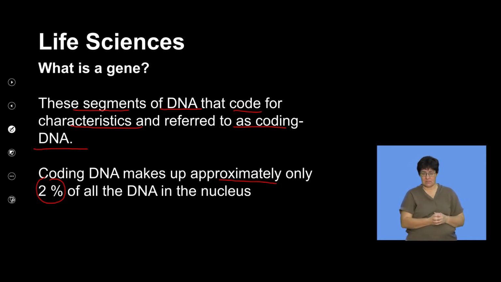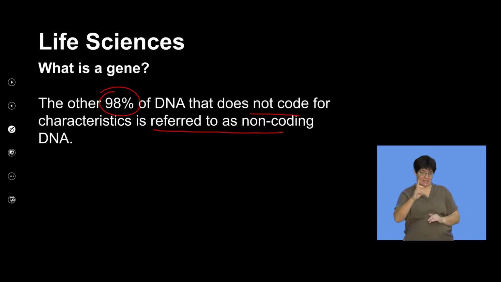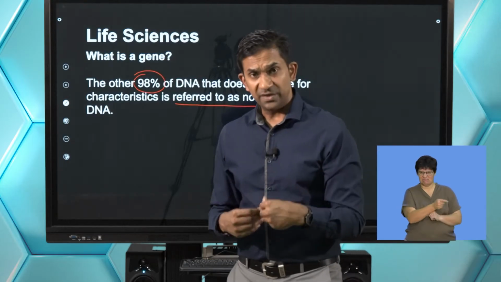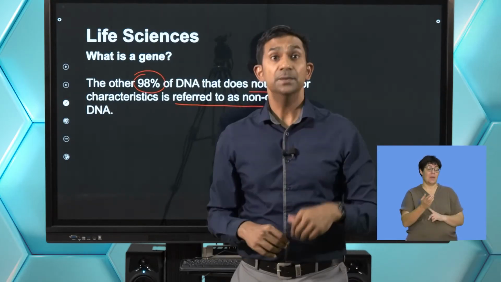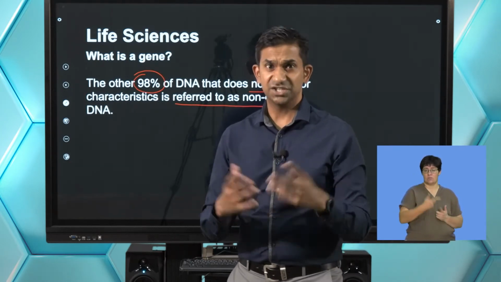If we look at the other 98%, we refer to that as non-coding DNA. And so, as I mentioned, that 98% of our DNA is referred to as non-coding DNA. In some textbooks, we've referred to non-coding DNA previously as nonsense DNA or junk DNA.